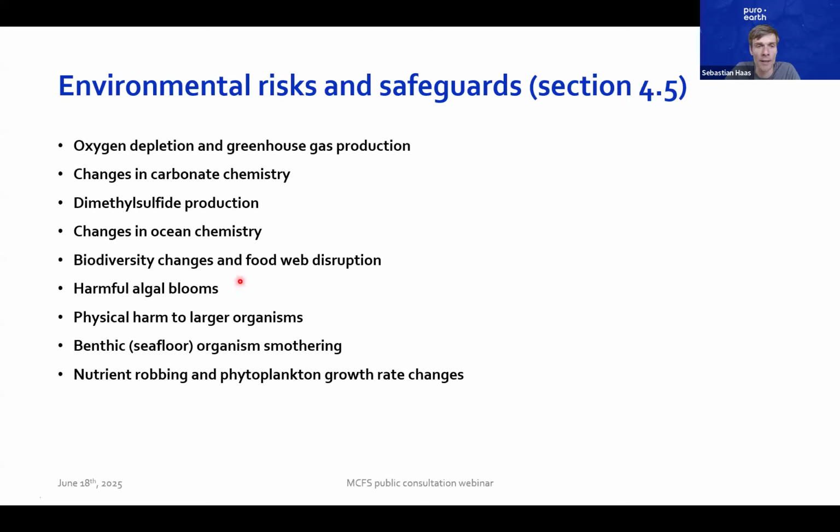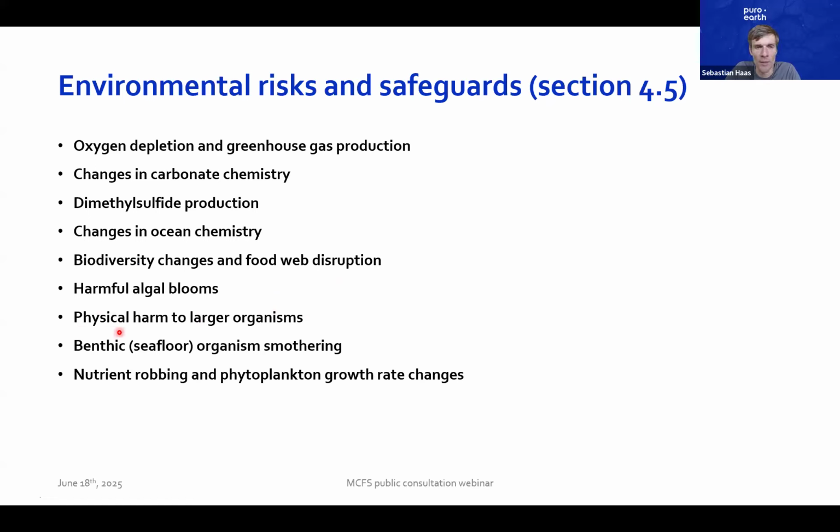And again, there are requirements to limit the short-term changes in these communities.